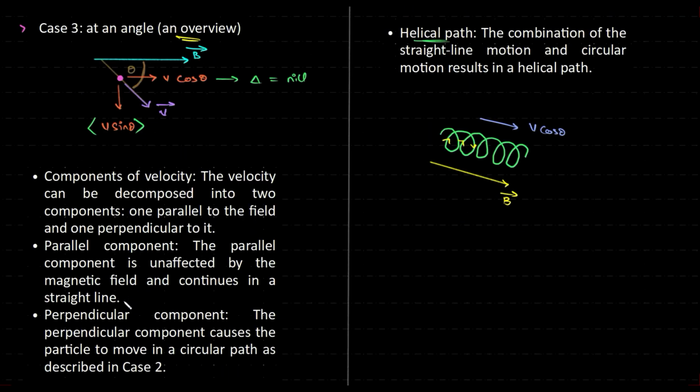When it comes to an angle, neither 0 degrees nor 90 degrees, it will take a helical path. The component along B makes it continue to move in that direction with that particular speed. The one which is V sine theta, perpendicular to B, will make it go round and round.